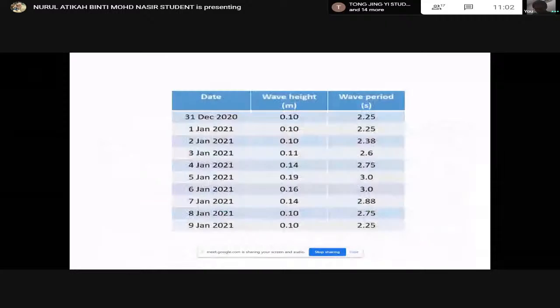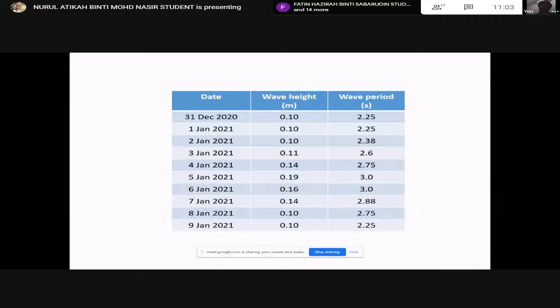From the data, we summarize the height and wave period for each day. Based on our study for 10 days, the average wave height in the position is around 0.1 meter and the average wave period is 2.6 seconds.